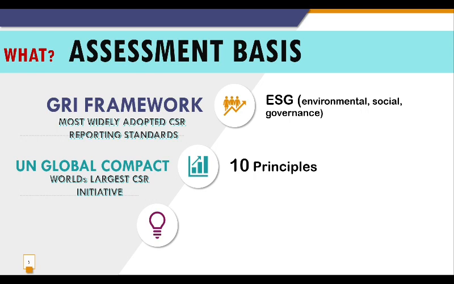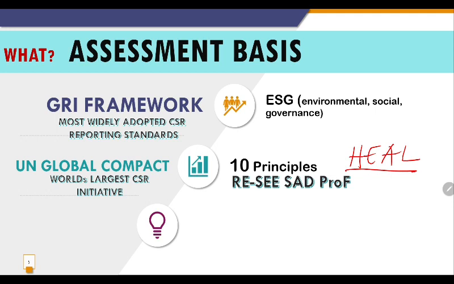The code there would be HEAL. What do we mean by HEAL? That is looking at human rights, environmental issues, anti-corruption, and labor. So these 10 principles will be all about the areas of HEAL.